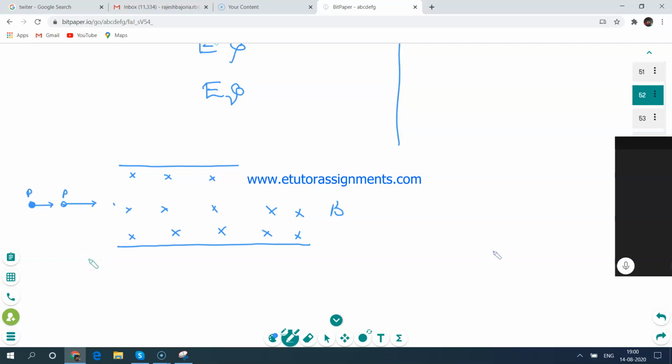Now I have to apply an electric field so that the particle goes in a straight line inside this field with no deviation. Is it possible or not?